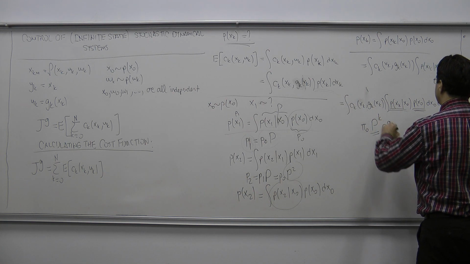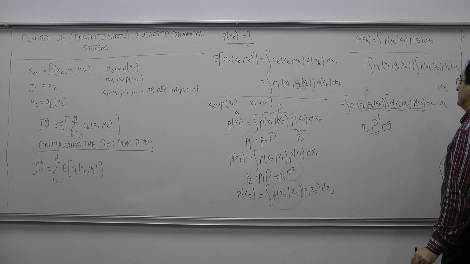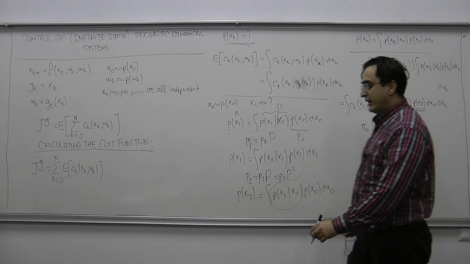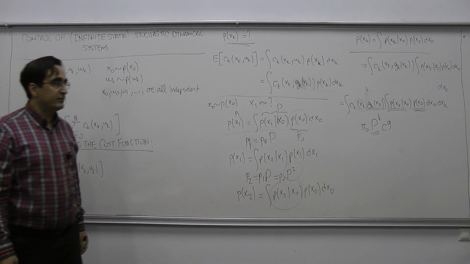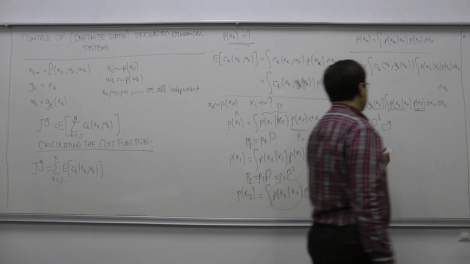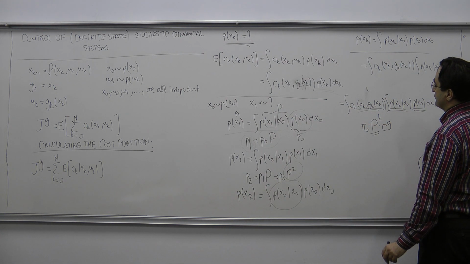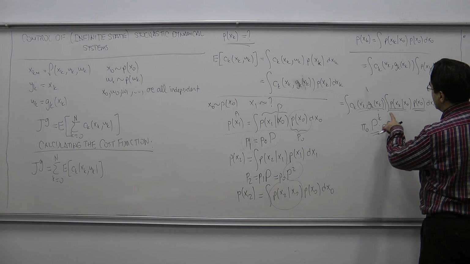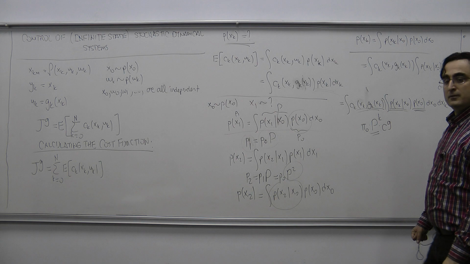And I would have CG here, which is represented by this term. So in the finite state case, we could write things quite easily using vector matrix multiplications, but here these two multiplications in the case of finite state Markov chains would turn into these two integrals here. Okay?